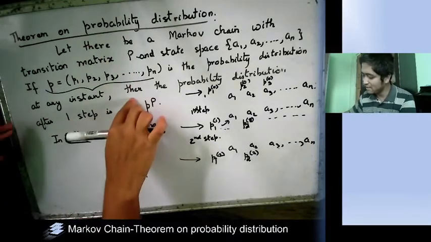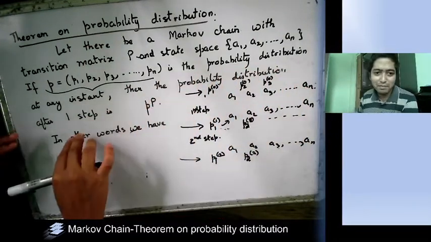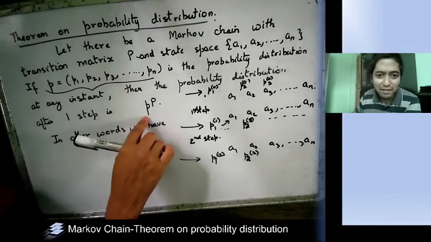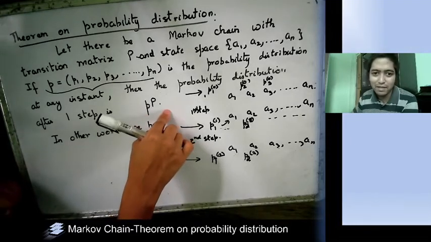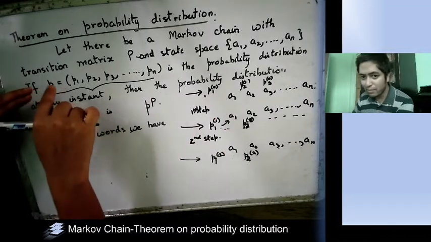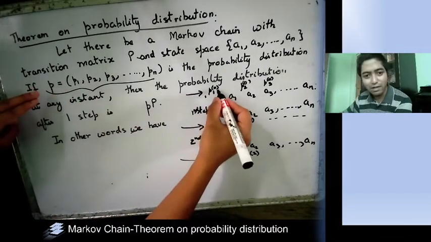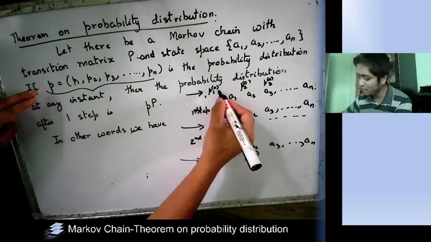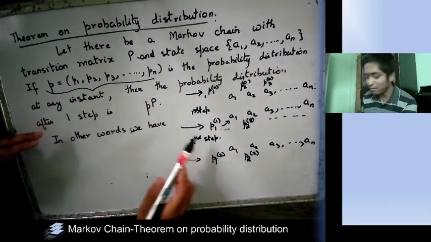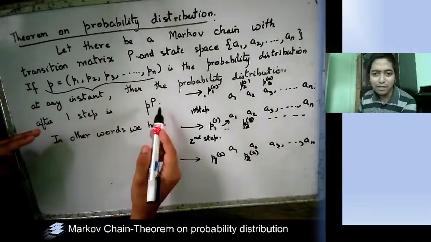But it tells us that the probability distribution in the succeeding step can be given by this value, which is pP. So if you take p to be p naught, then you can find the probability p1 by using p naught P.